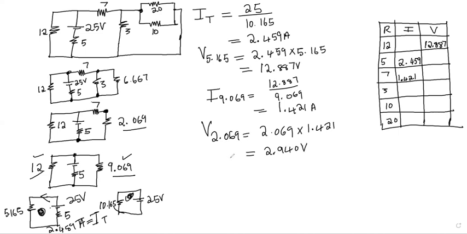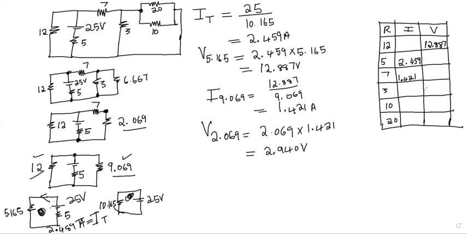It's a voltage. So the voltage of 2.069 is the same voltage across 3 and 6.667. Why? It's because 3 and 6.667 are the ones that formed the 2.069. So 2.069 is the total resistance of 3 and 6.667.